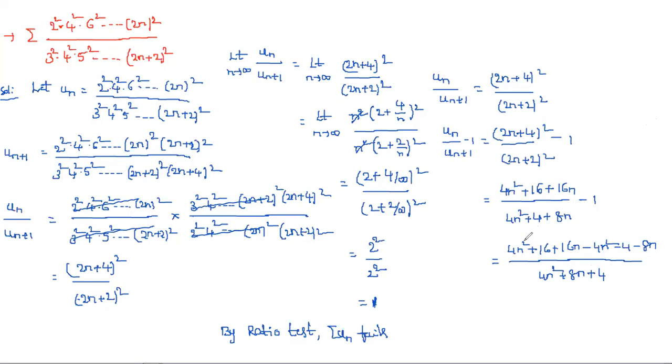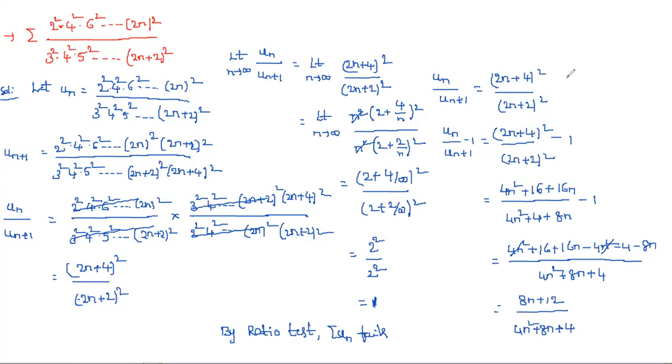So here the 4n square both will cancel. And next, what about remaining? 16n minus 8n, that is nothing but 8n, and 16 minus 4 is nothing but 12, by 4n square plus 8n plus 4. This is un by un plus 1 minus 1.